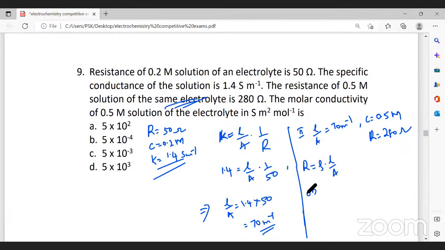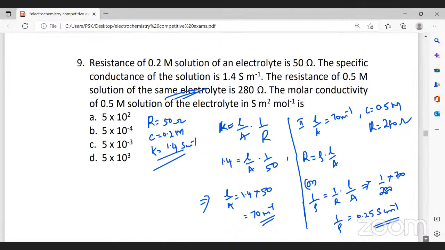Or we can write 1 by rho is equal to 1 by R into L by A. So that is equal to 1 by 280 into 70. So 1 by rho is equal to 0.25 Siemens centimeter inverse.